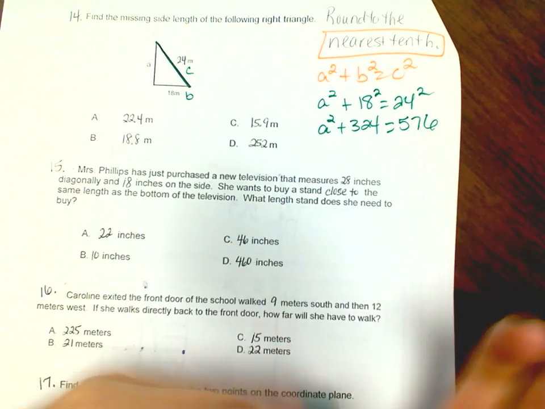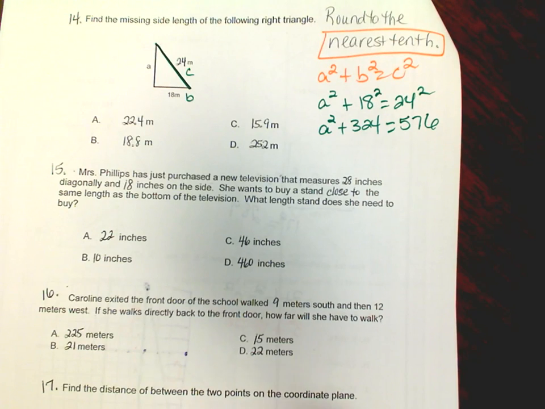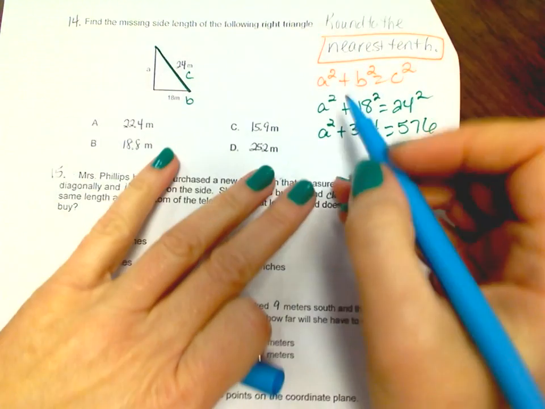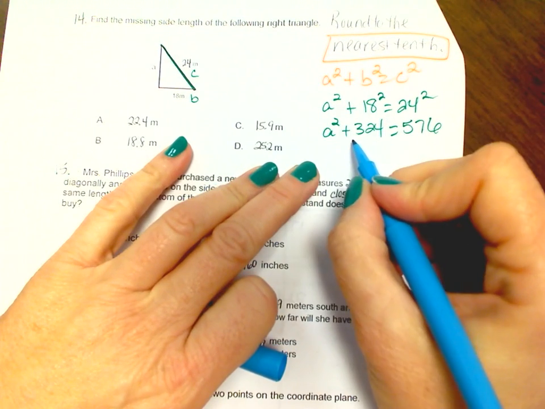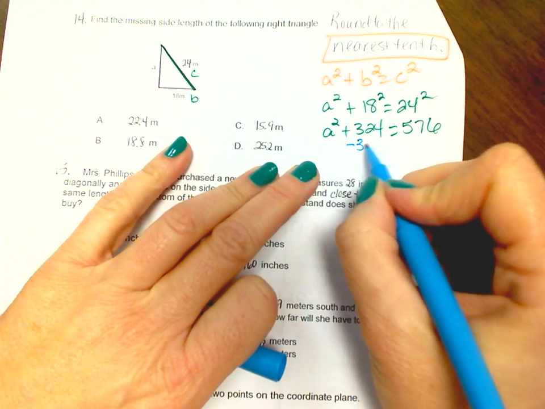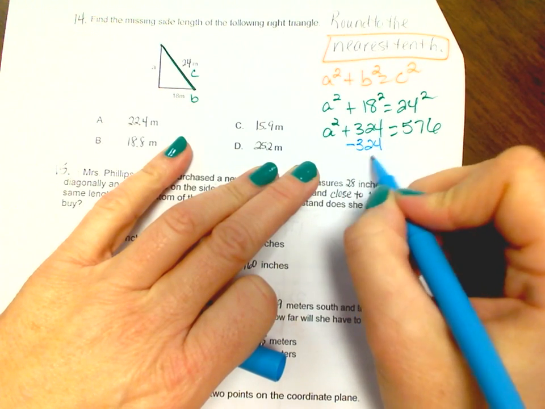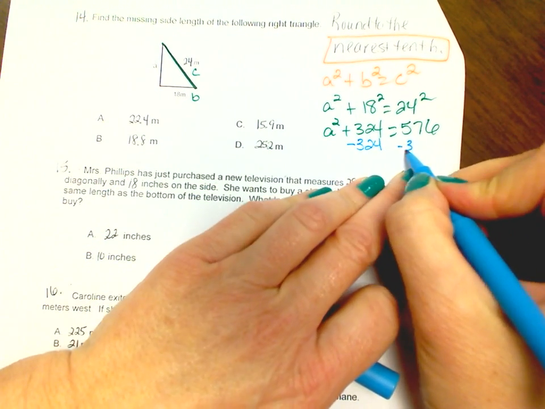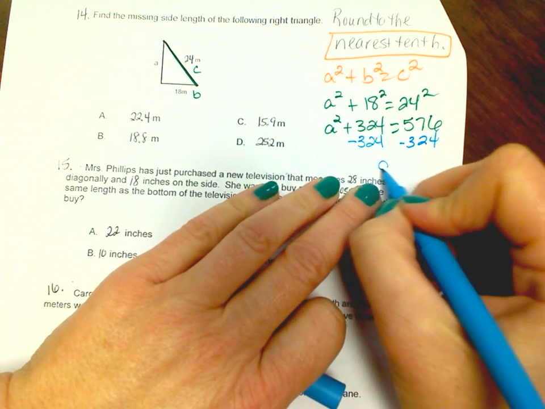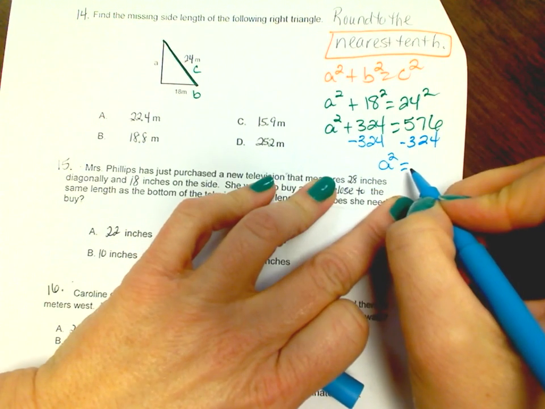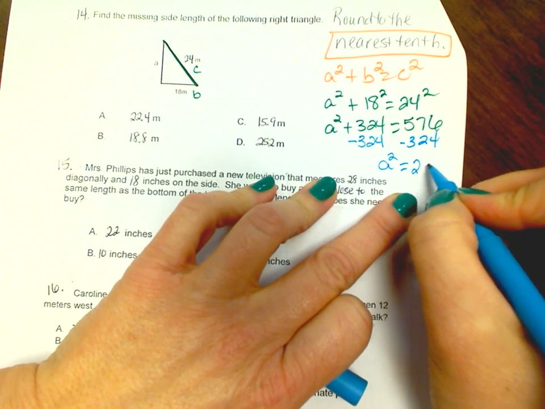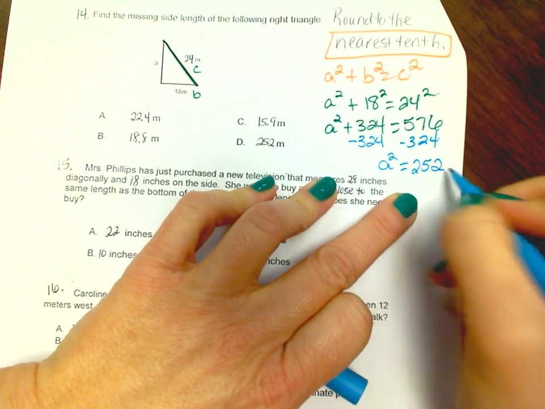Okay, now I'm solving a one-step equation. That's all I'm doing. So instead of c being by itself, I want a by itself. So to solve for a, I need to cancel this side out. Whatever you do to this side, you must do to that side. So you have a squared equals 252.